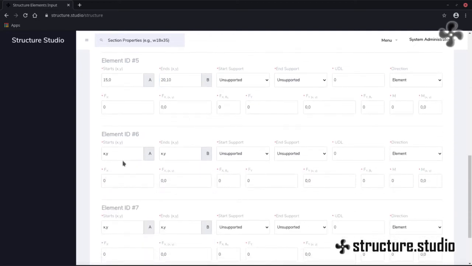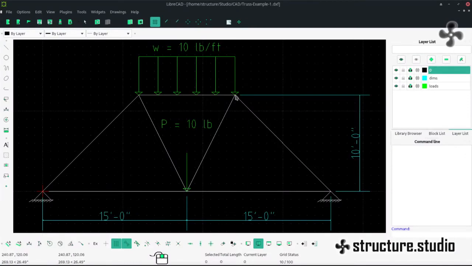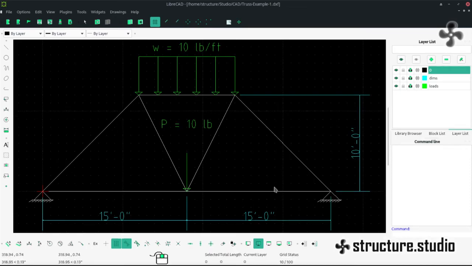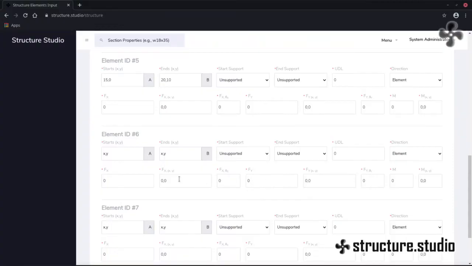Okay, element number 6 starts at 20, 10 and ends at 30, 0.